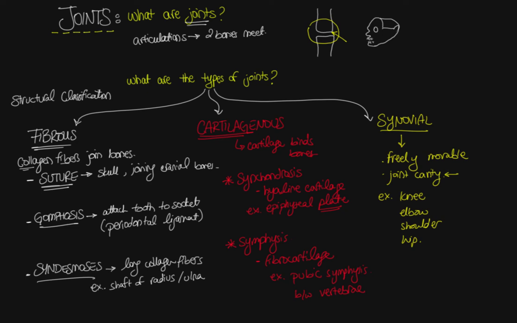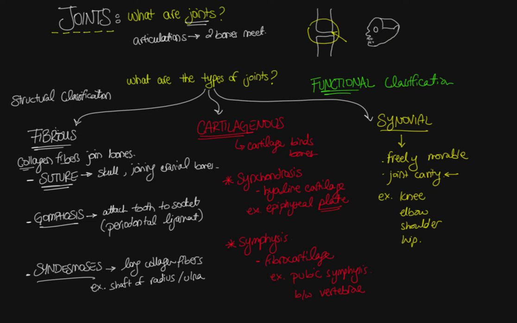Before we wrap up this video, we have one more definition to discuss, and that's going to be functional classification of these joints. So what does functional classification mean? Here, instead of talking about what they look like structurally or anatomically, we're going to look at how movable these joints are.